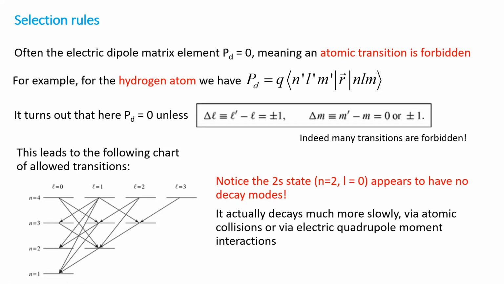Okay, so just to summarize briefly, we've looked at atomic transitions and radiation and energy levels in atoms. We've looked at spontaneous emission, stimulated emission, and absorption.